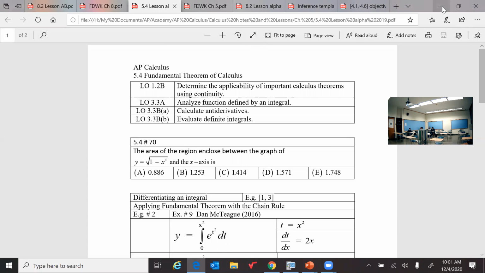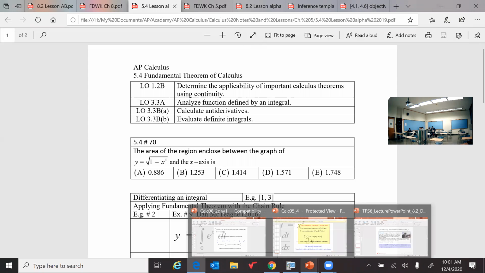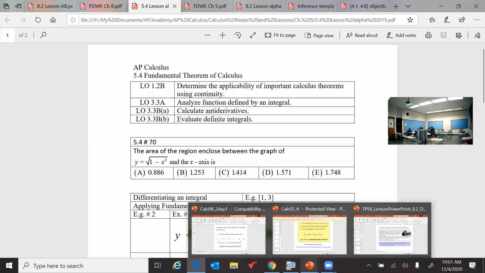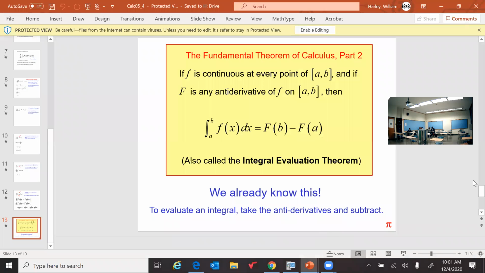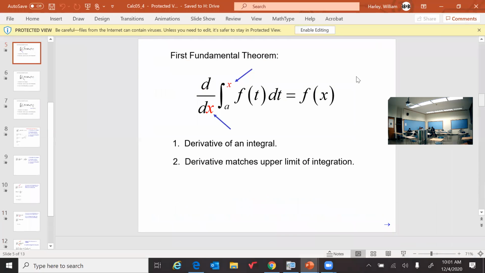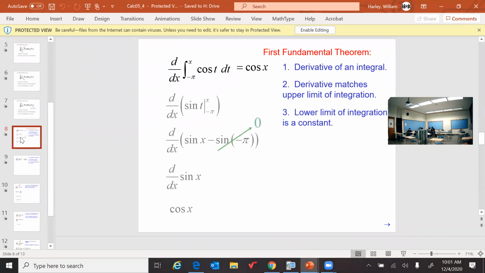So here we're going to go to, ready? Example 2, let me bring it back up. In your textbook, example 2 was cosine t, x squared is the upper limit.